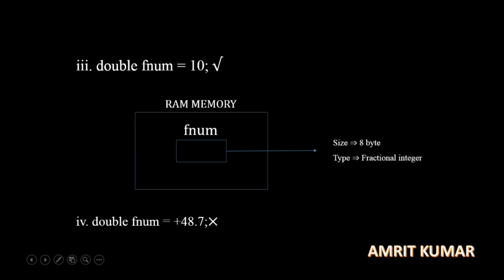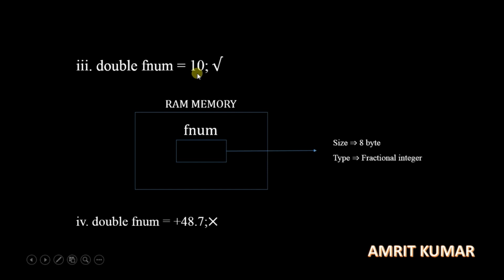Okay. So moving on to another example, that is fnum, a variable whose data type is double, and it is going to store a maximum of 8 byte, because double size is 8 byte, and the value is from 0 to 9. That is the range, it can be 0 or 9, meaning any decimal value from 0 to 9.